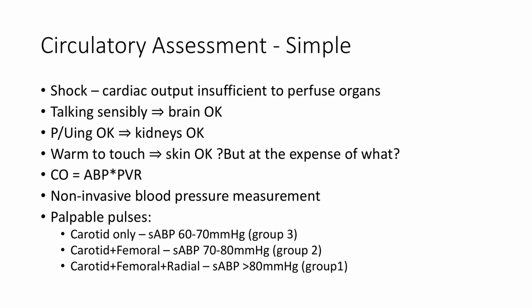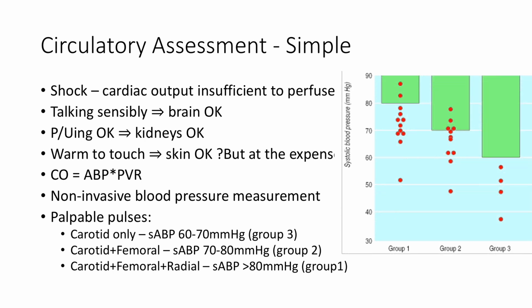Assessing the critically ill on the ward, you're only going to have access to non-invasive blood pressure measurement, but that can nevertheless be quite helpful. And maybe if the cuff is constantly cycling and the staff are trying to tell you that the machine's broken, but you have a hunch that things are different, then you can rely on palpable pulses to a reasonable degree.